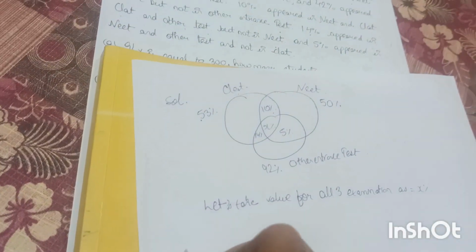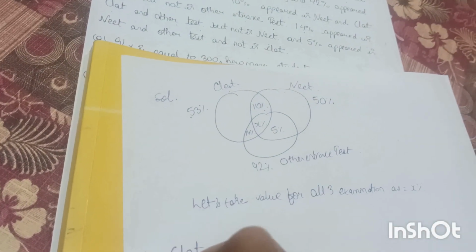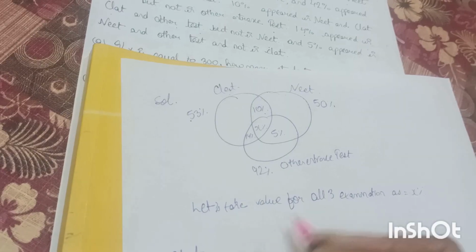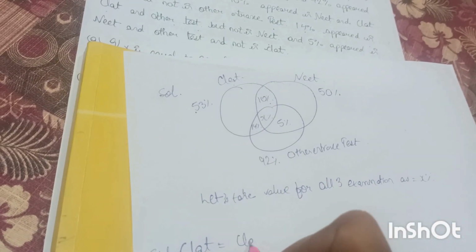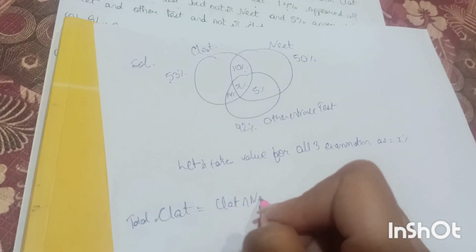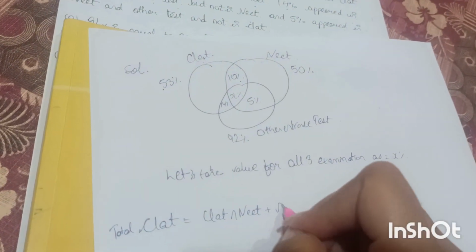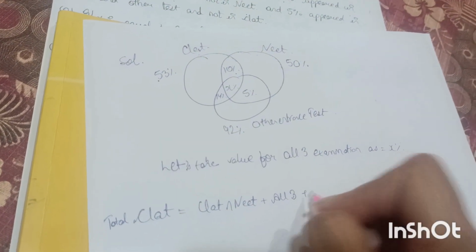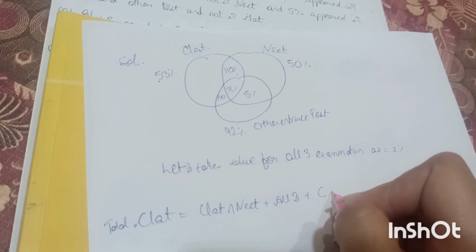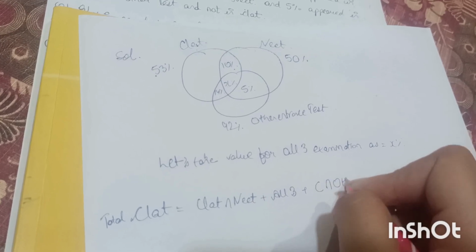Total CLAT equals CLAT intersection NEET plus all three plus CLAT intersection other entrance.